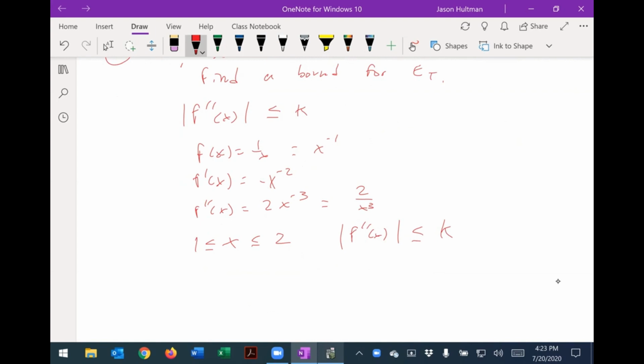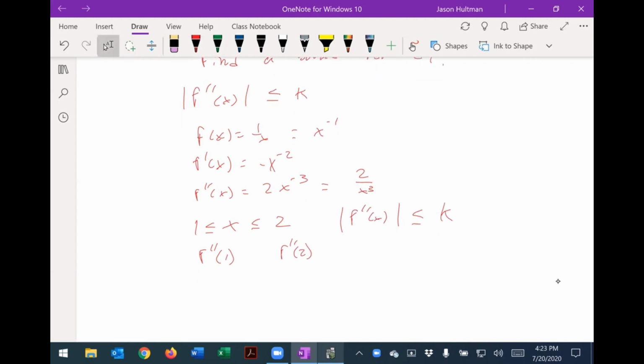So we can think of this as, what's f double prime of 1 and what's f double prime of 2? And what we want is the bigger one, not the smaller one. We want the upper bound. We want all of the f double primes to be less than or equal to some value.